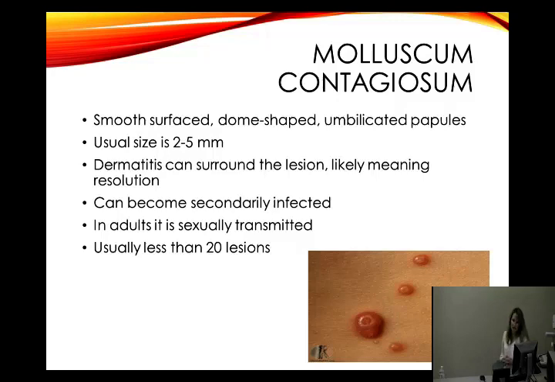The size of them can range anywhere from 2 to 5 millimeters. Sometimes people will develop a dermatitis around the lesion, where the skin surrounding these umbilicated raised papules has some secondary changes, which would be redness, peeling, and dryness.